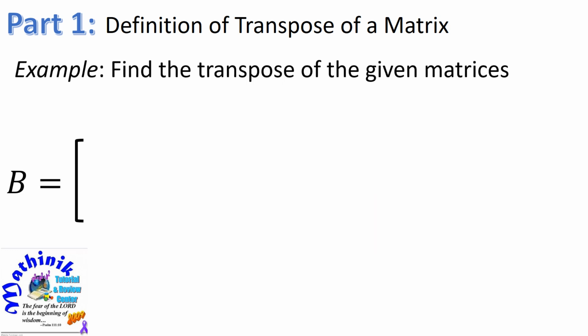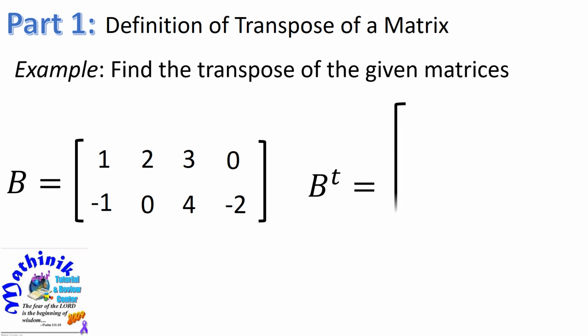Okay, let's have another. B is a matrix with elements 1, negative 1 in its first row, 2, 0, 3, 4, and 0, negative 2 in its last column. So B has dimension 4 by 2. That means 4 columns, 2 rows. And then the transpose of B will have 2 columns, 4 rows.